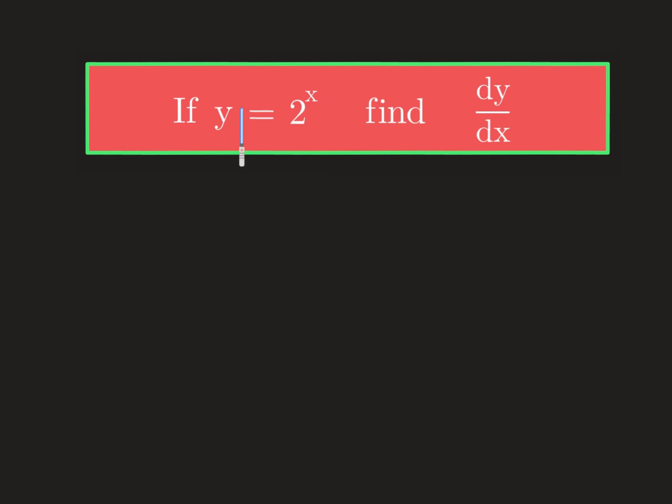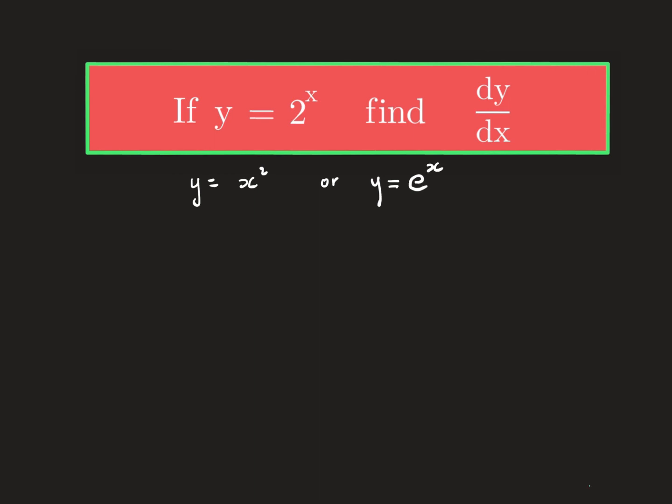Trying to differentiate this equation over here can be tricky because it's not like one of the usual equations where we have y is equal to x squared, or for instance y is equal to e to the power of x.